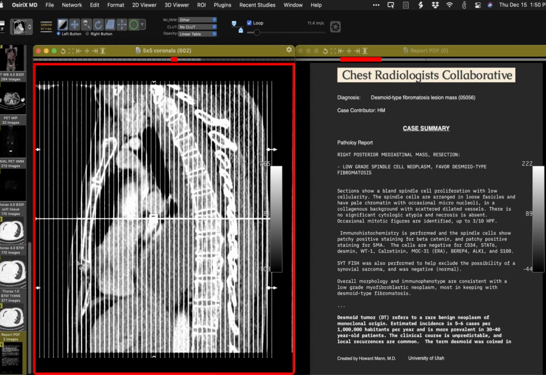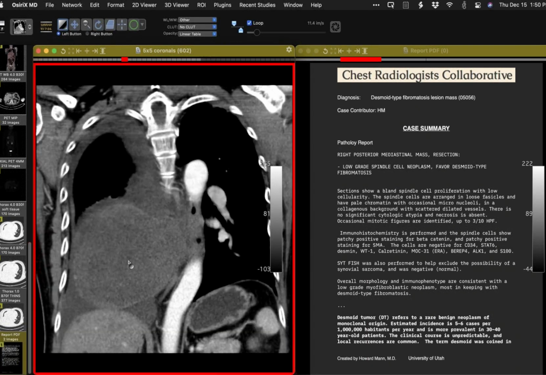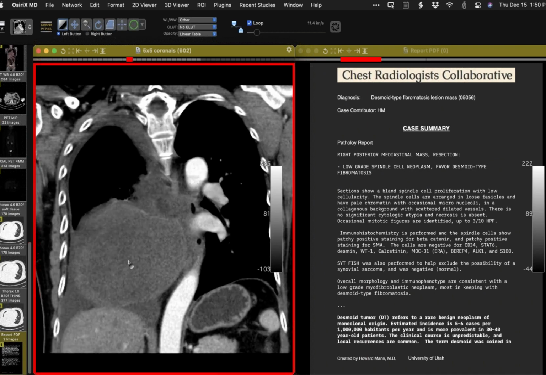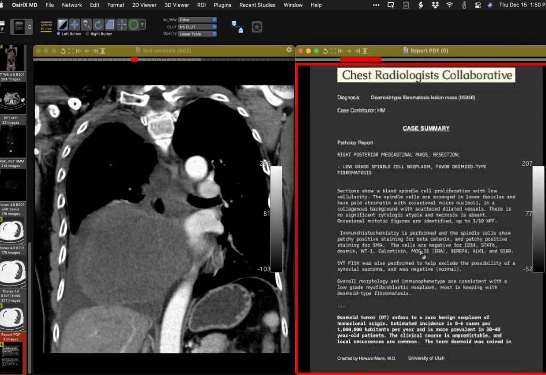Would the other name for this be inflammatory pseudotumor? No, that's different. Well, because they're saying in the description it's low-grade myofibroblastic neoplasm. Do you see that, Howard? If you go in your pathology, yep, it says low-grade myofibroblastic neoplasm.